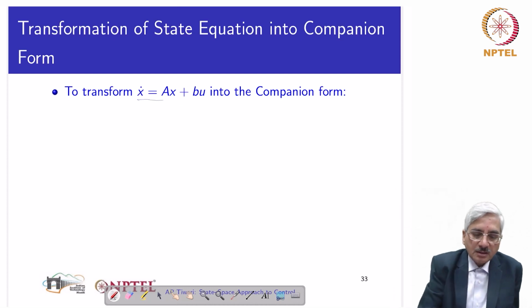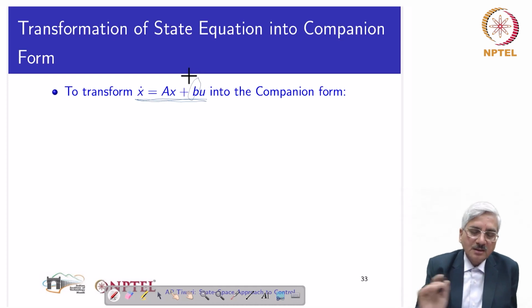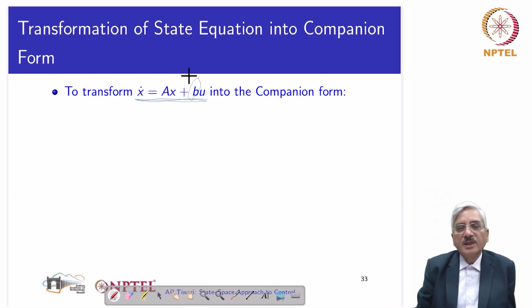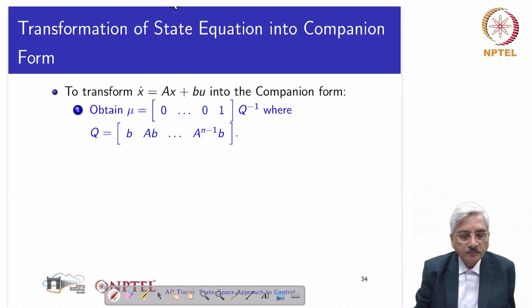So we start with x dot equal to Ax plus Bu. You please see that this B, capital B, which I have been writing, is written as a small b, meaning that we are going to deal with the single input case first. So this system has to be transformed into companion form.